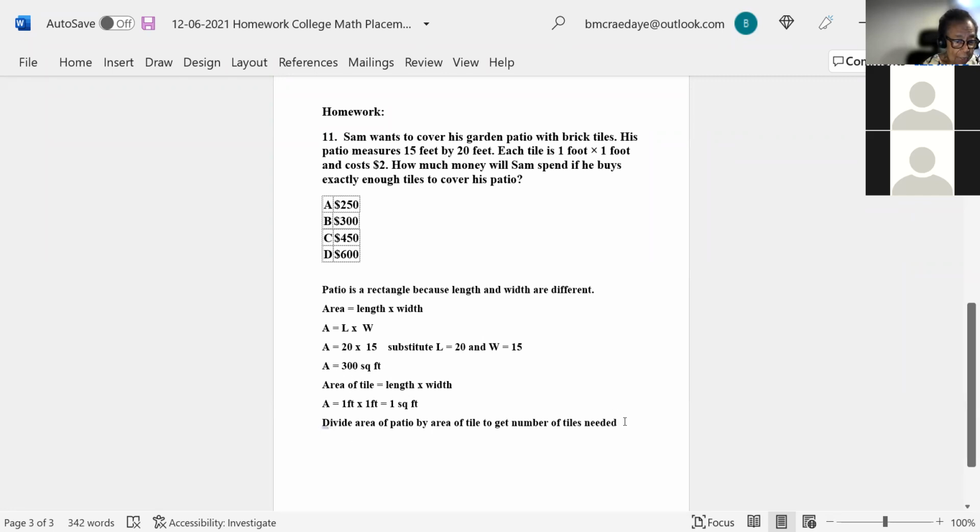Let's do what we just said. That would be 300 divided by 1, and that would be equal to 300 tiles. Okay, now, Alba, if you need 300 tiles and each tile costs $2, how much would you pay?